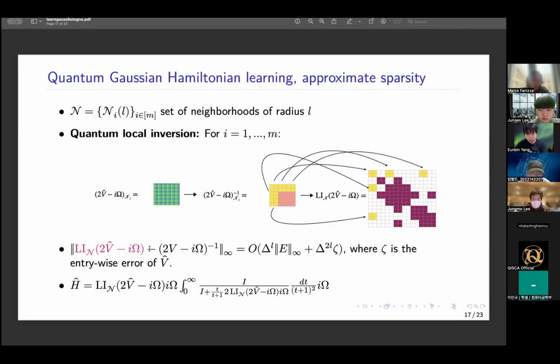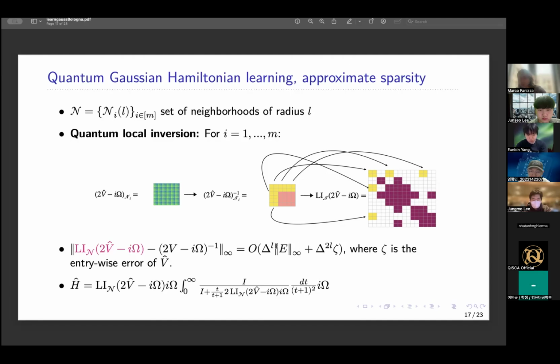And it turns out that the global error in operator norm has two main contributions, one that comes from the truncation error and one that comes from the statistical error. And one has to check the trade-off between these two.